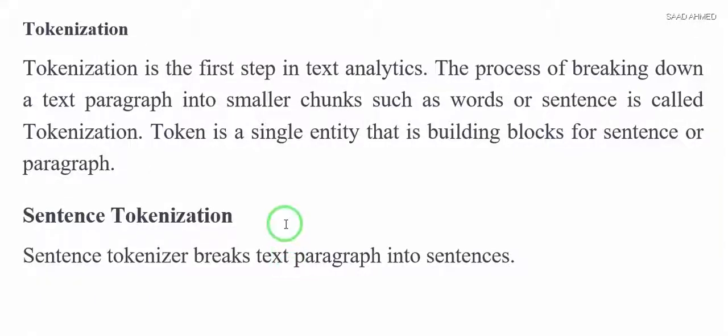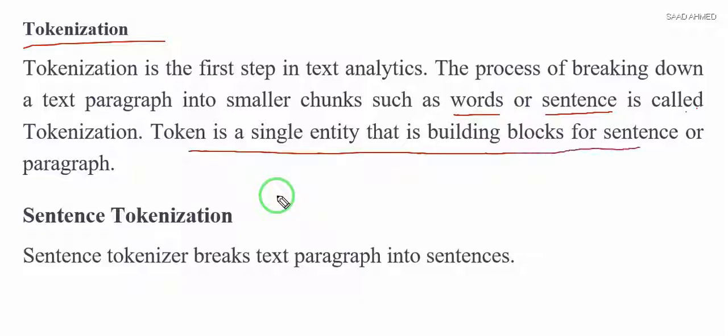Okay, so the first step is the tokenization step, in which we break down a text paragraph into smaller chunks such as words or sentences. This process is called tokenization. A token is a single entity that is a building block for a sentence or a paragraph.